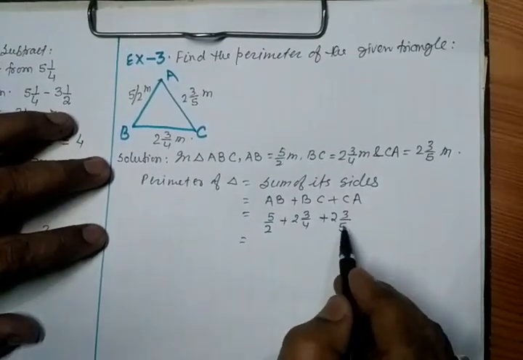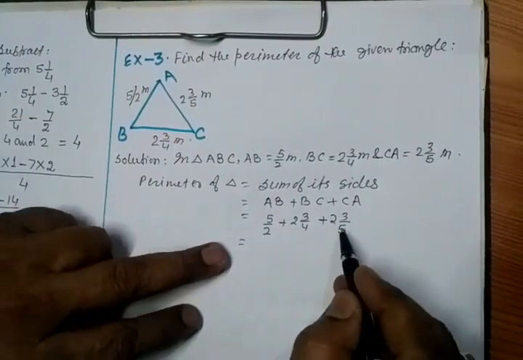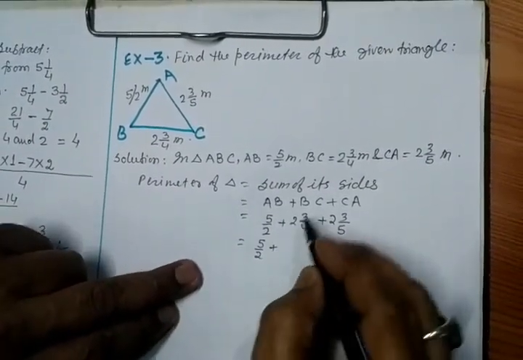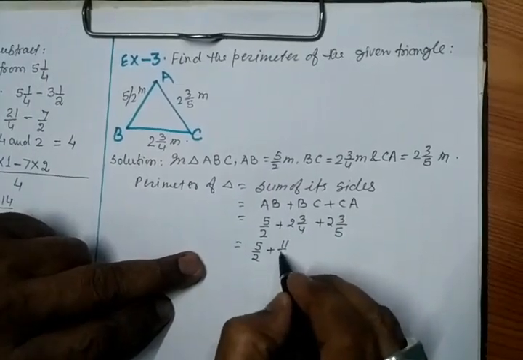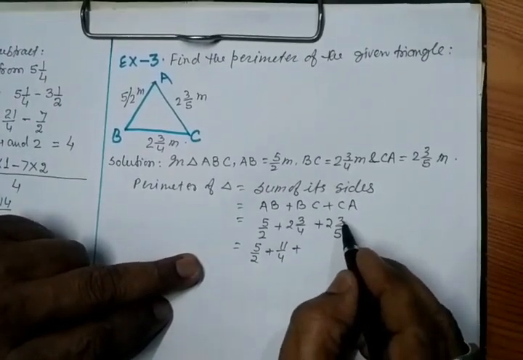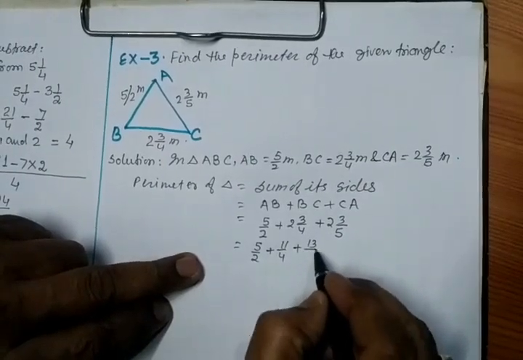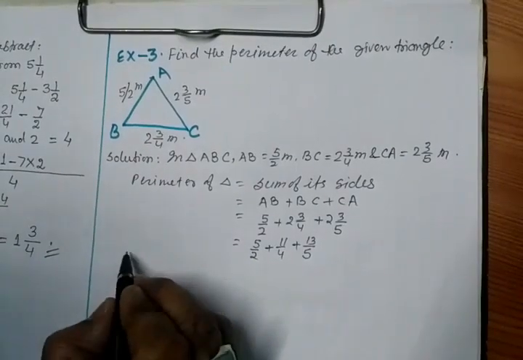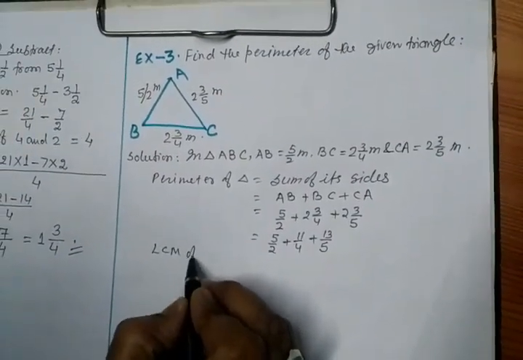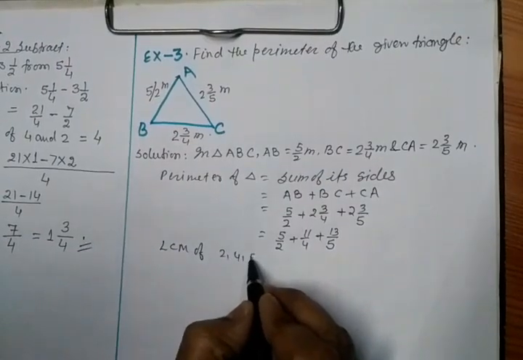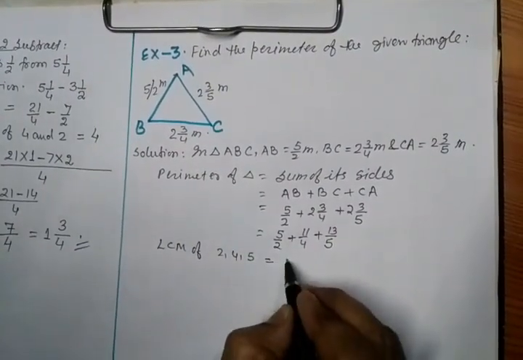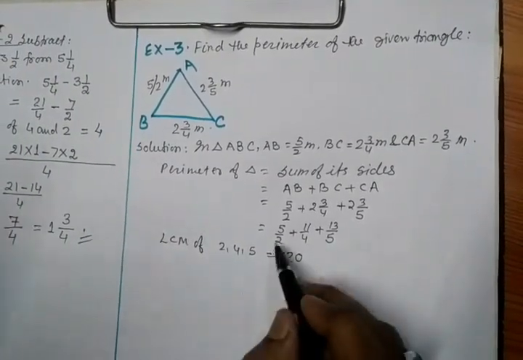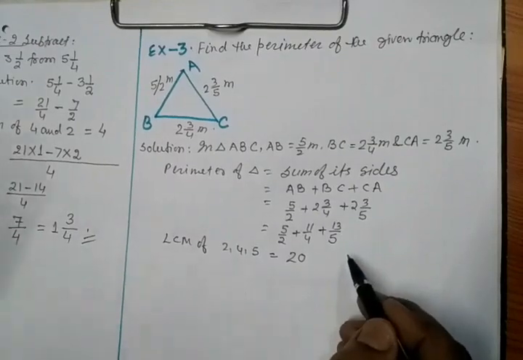First we change the mixed fractions into improper, that is 5 upon 2 plus 4 2s are 8 plus 3, 11 upon 4 plus 10 plus 3, 13 upon 5. Then take the LCM of 2, 4, 5, equal to 20, because we have to change these fractions into like fractions.